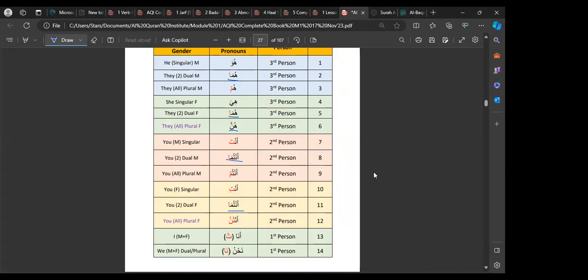This should be able to roll off your tongue very easily, and you should know even the other way. If I say, okay, what is the pronoun used if you're talking to a group of females? You'll know that it's antunna. If you're talking to one singular man, you would say anta. Yeah, so you know them and you know what they refer to.